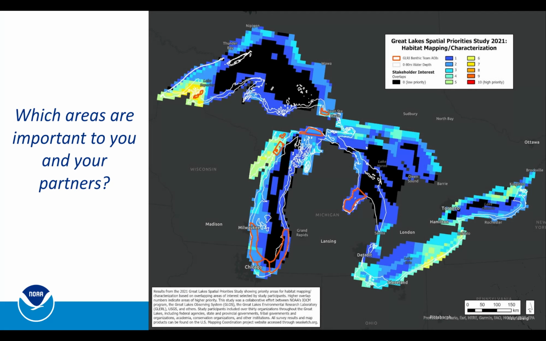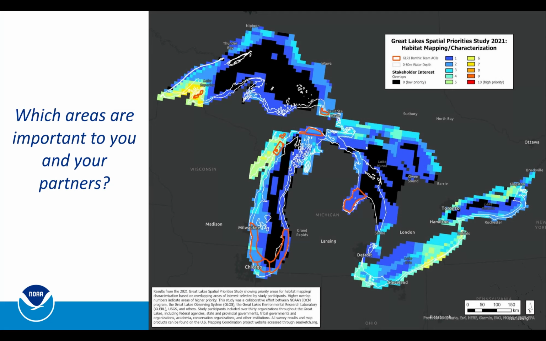Lastly, I definitely want to hear from each of you attending and watching this presentation. What we would like to hear is which areas are important to you and your partners. This map shows the Great Lakes Spatial Priority Study from 2021, showing the habitat mapping and characterization priority. You can see a couple of hotspots, including the Apostle Islands, Green Bay, but also eastern portions of Lake Erie and Lake Ontario.